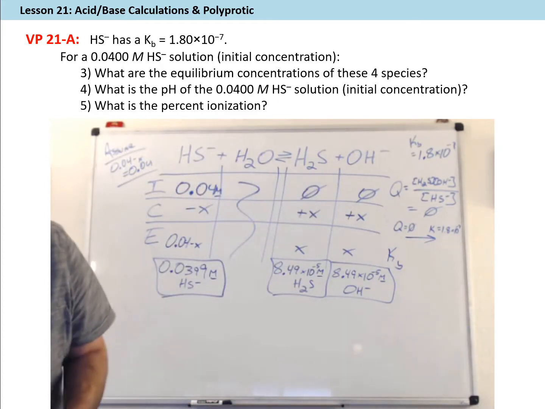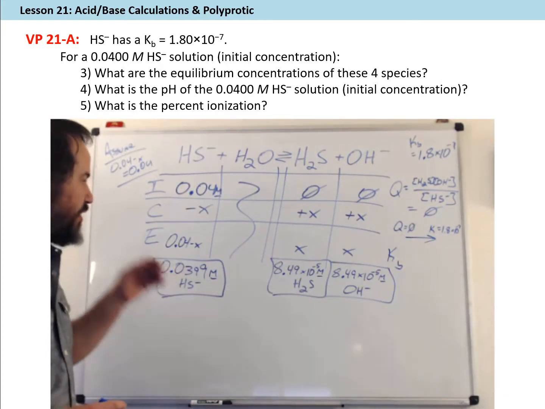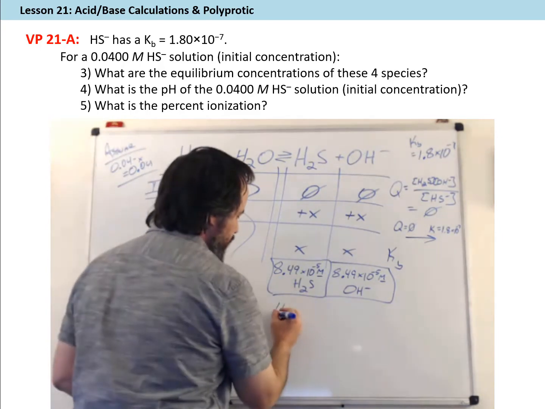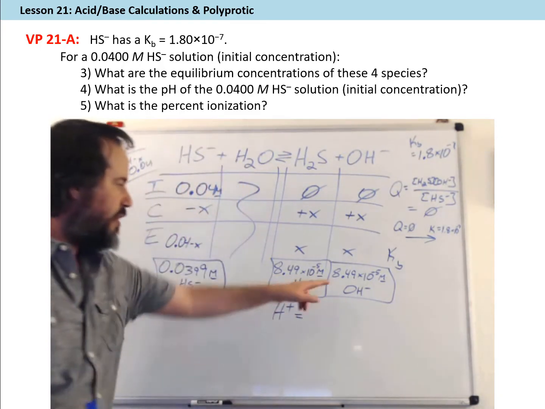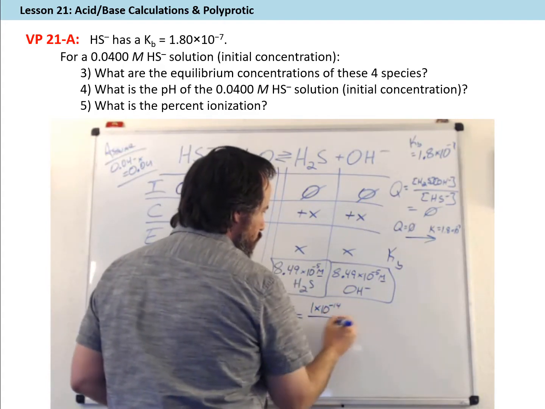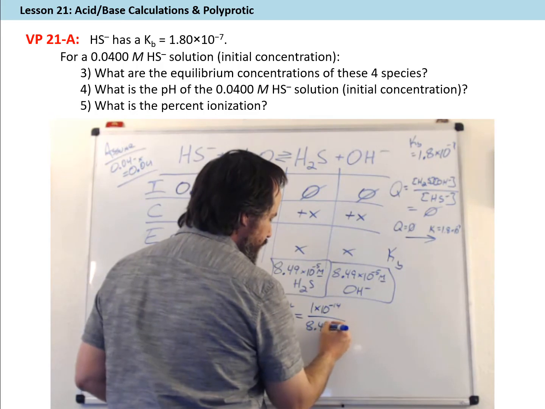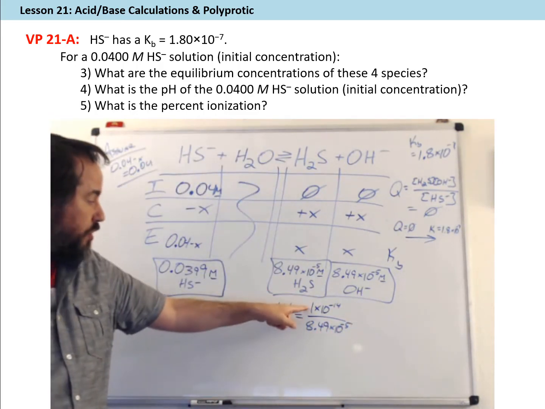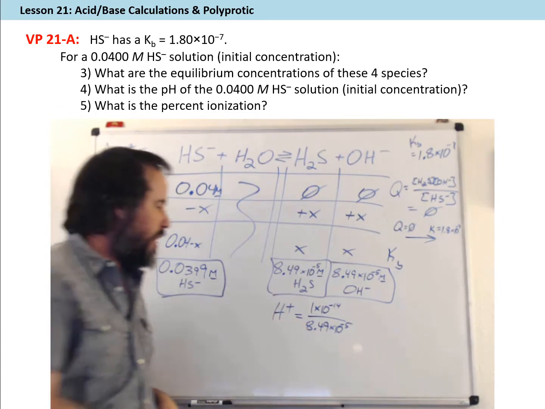And we need one more species. What's that other species? That other species is going to be H plus, right? So H plus is going to be 1 times 10 to the minus 14 over 8.49 times 10 to the minus 5. This is using the fact that Kw equals H plus times OH minus.